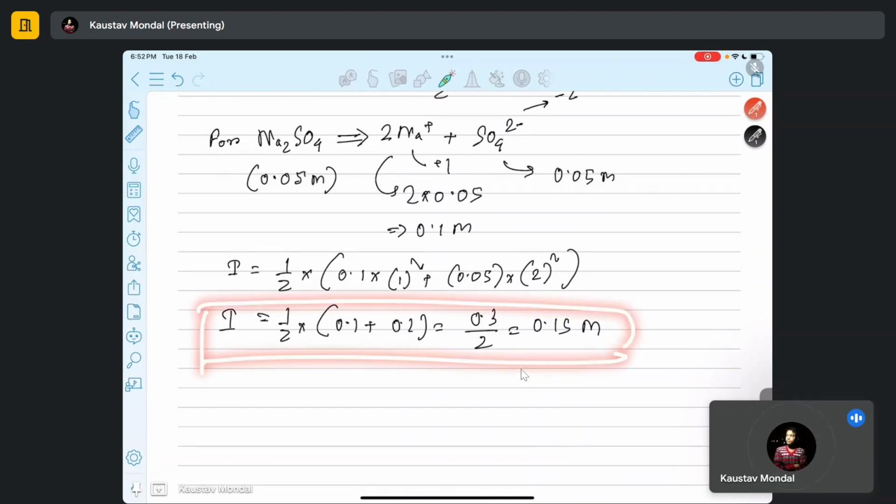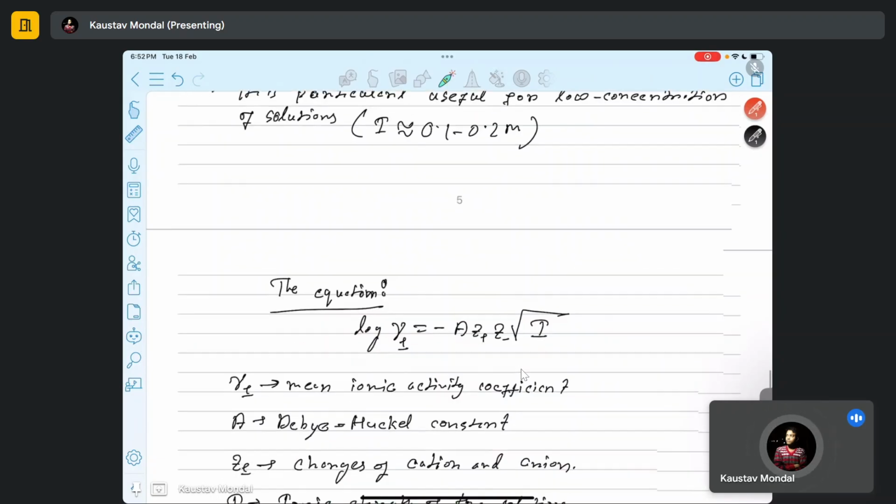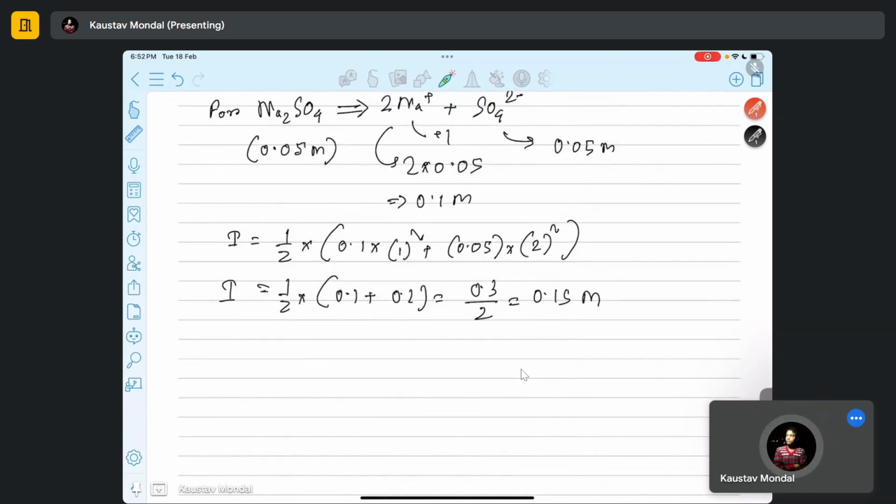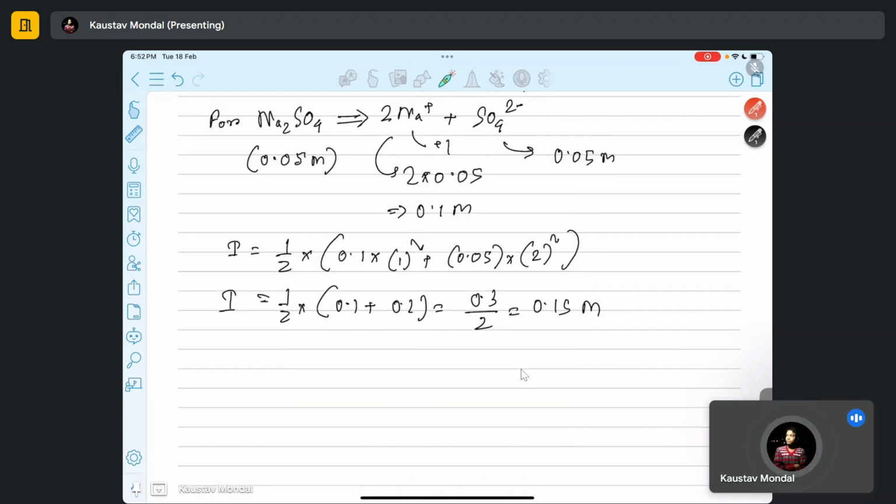Okay, so now using this value of ionic strength, we have to calculate the ionic activity coefficient.